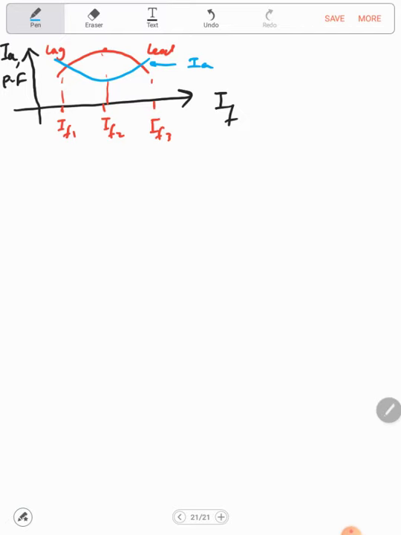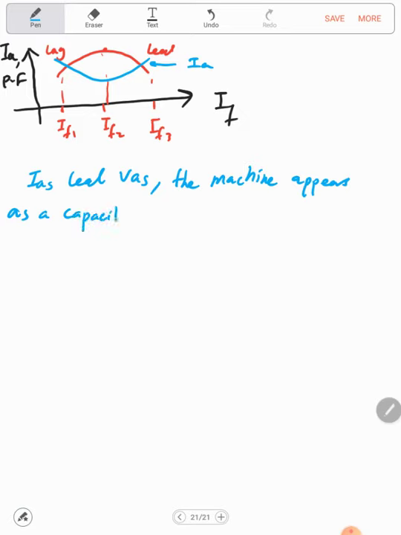So simply, if IF is adjusted such that IAS lead VAS, then the machine appears as a capacitor, supplying reactive power to the system.